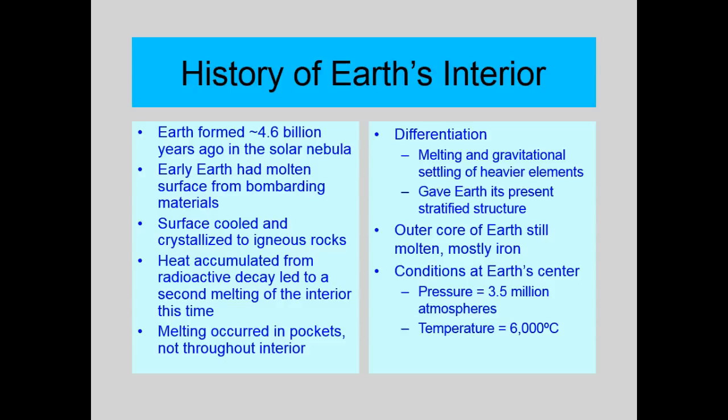Okay, differentiation. You have melting, and when that happens, gravitational settling of the heavier materials, like uranium and iron, the heavy stuff settled out. Now, the lighter stuff made its way to the surface.